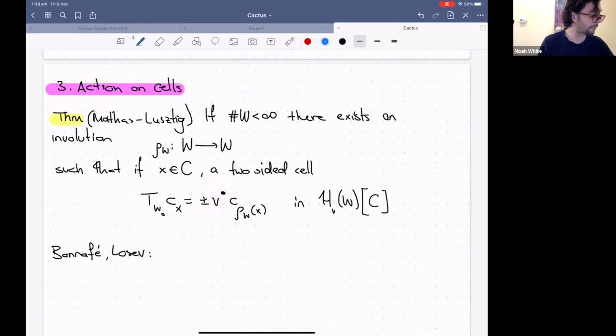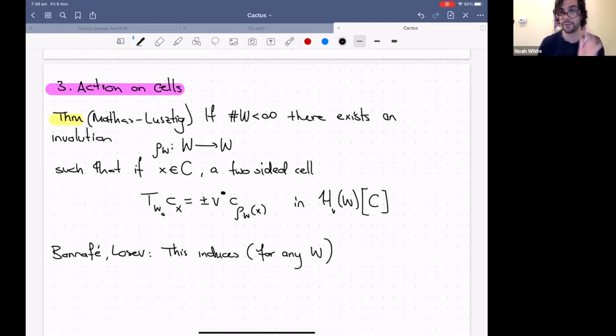So how does this get upgraded to an action of the Cactus Group? This induces, for any Coxeter group W, so now we're no longer restricted to finite ones, a Cactus Group action.